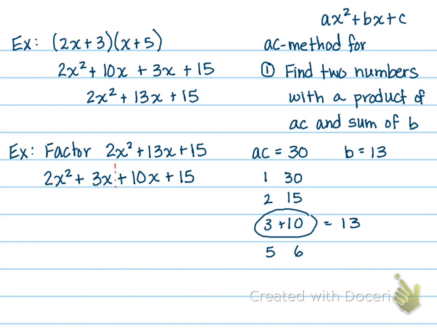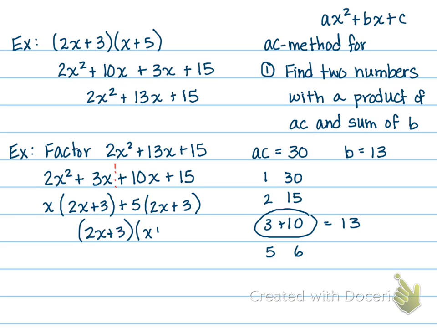We will split it. Factor out an x, plus, we have a common factor of 5. So we get 2x plus 3 times x plus 5.